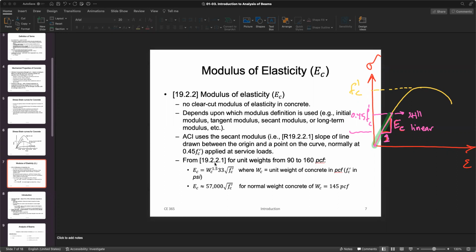And there have been questions, but I'm emphasizing again that you want to have pounds-inch units, the American units. So we should obtain that from this provision in the code for unit weights from 90 to 160 PCF.